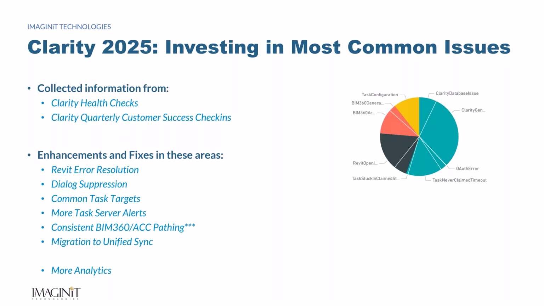It's called Clarity Plus subscription, and it involves doing a quarterly health check and looking at what's going right and what's going wrong, and how can we make it more predictable, less something that you have to worry about, just more something that you can set and forget. That's really our goal with this.